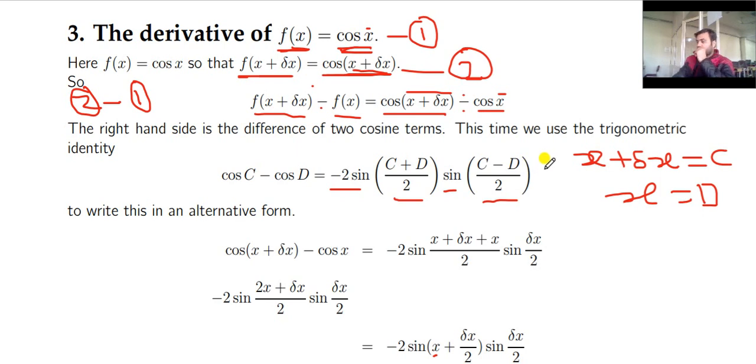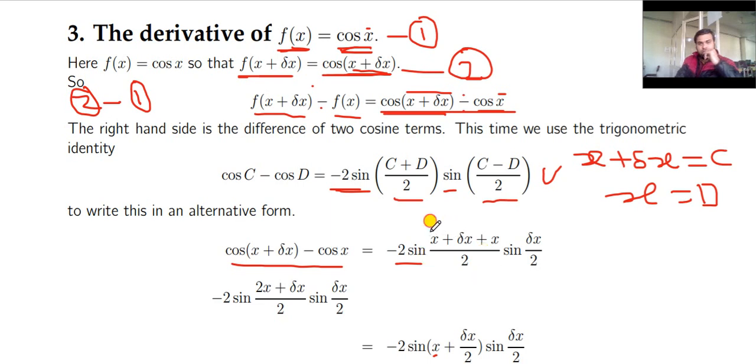So now we use this formula to find the solution of cos x plus del x minus cos x. So we write here cos x plus del x minus cos x, and the formula is minus 2 sine c plus d by 2.